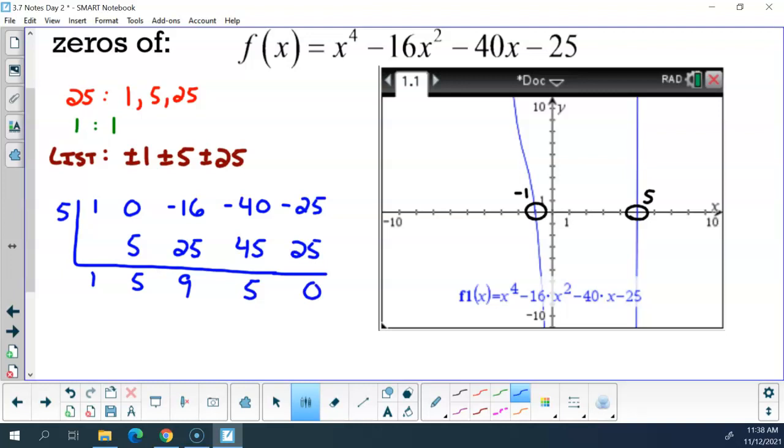Mine works. You forgot the 0. That's our 0. The factor is x minus 5.